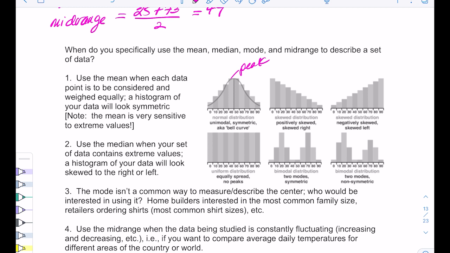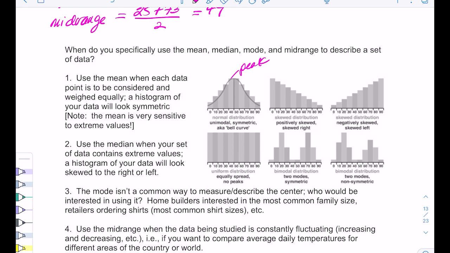And it's symmetric because you can fold it down the center and both sides would match up with each other. Anytime you have a distribution that's symmetric and unimodal, or even just symmetric, the mean would be the best measure of center to use. The mean is very sensitive to data values that are extreme, like outliers. It will pull the mean in the direction of the outlier.